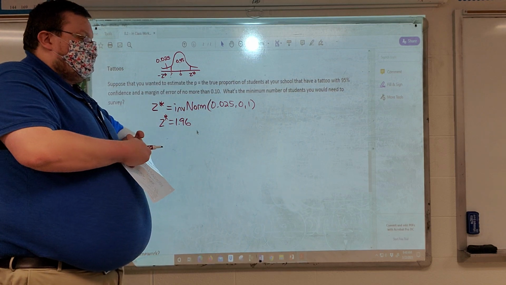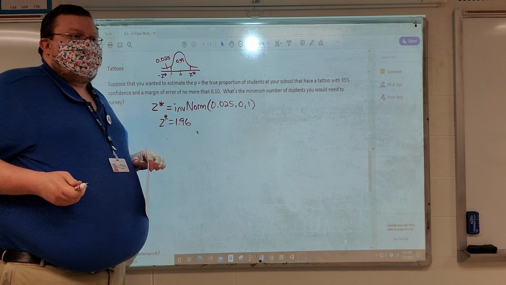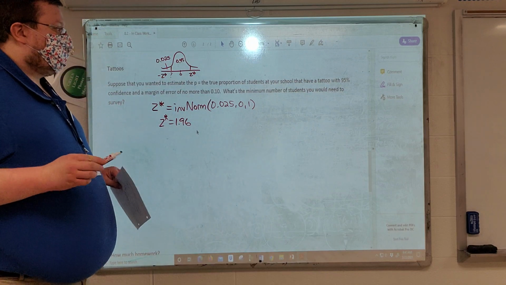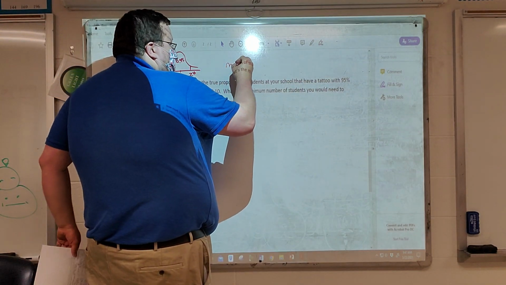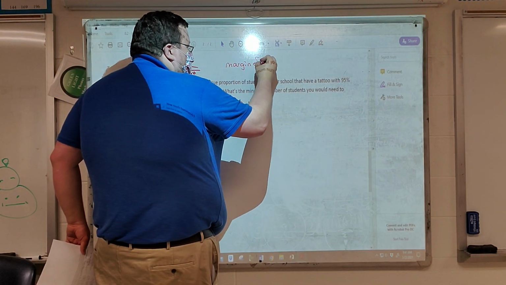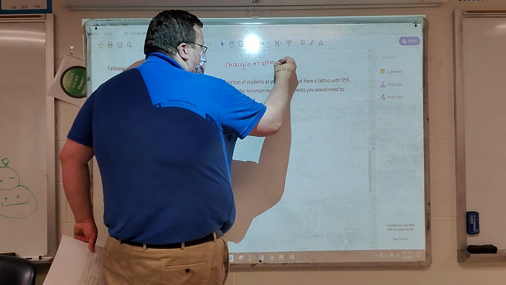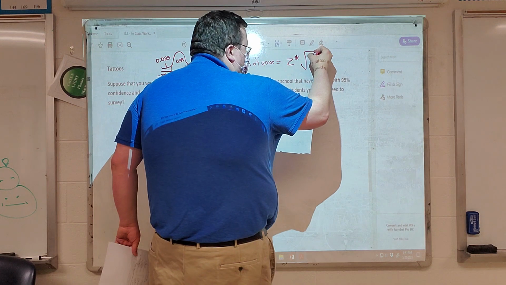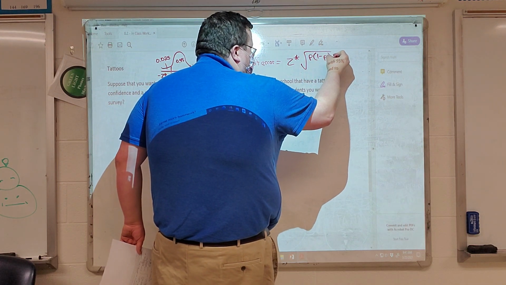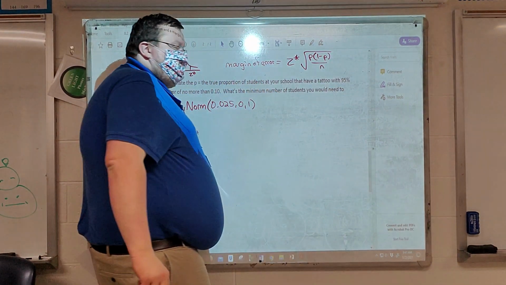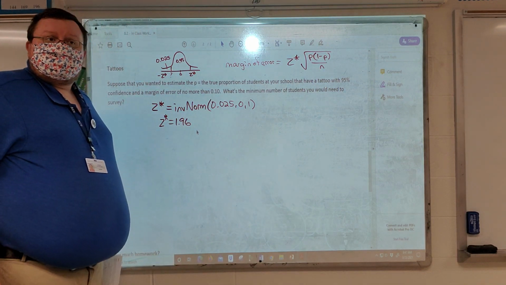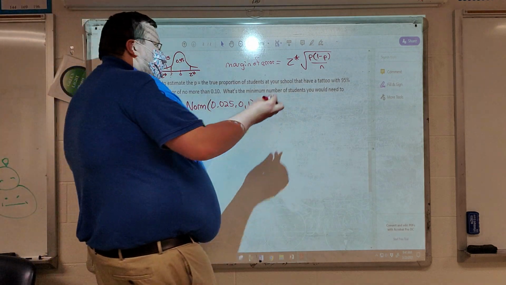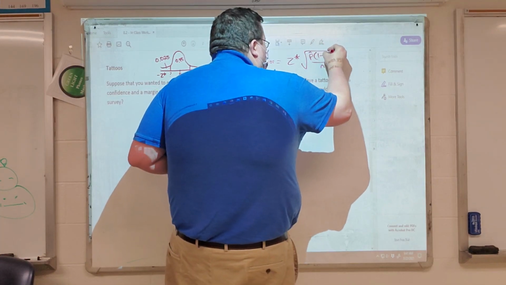We look in the problem here and see if we have a guess for P. Because our margin of error is equal to the Z star times the square root of P times 1 minus P all over N. Technically, those are P hats, but whatever.